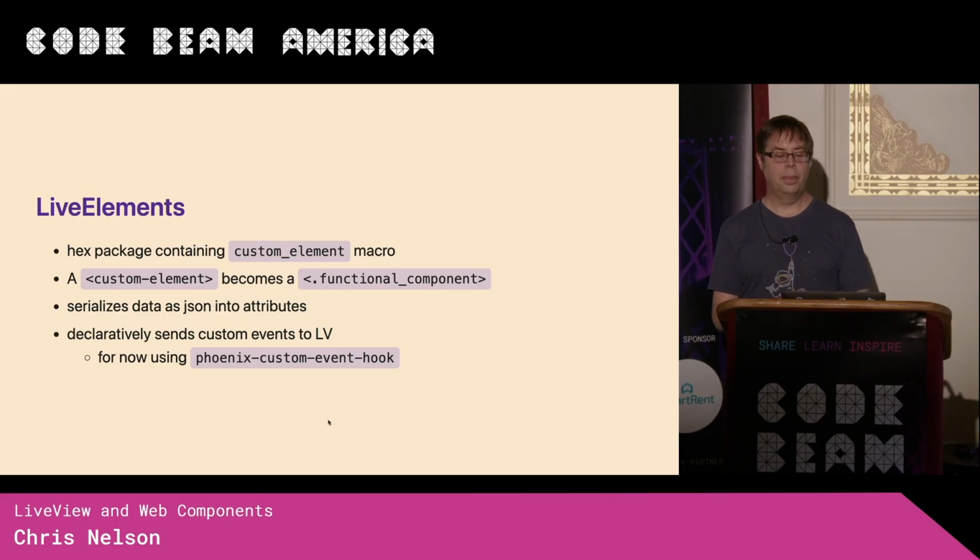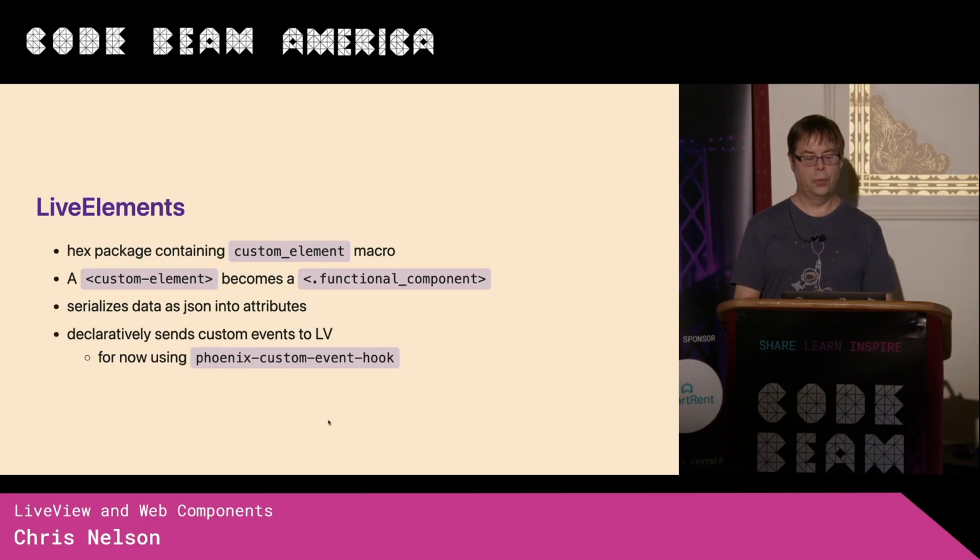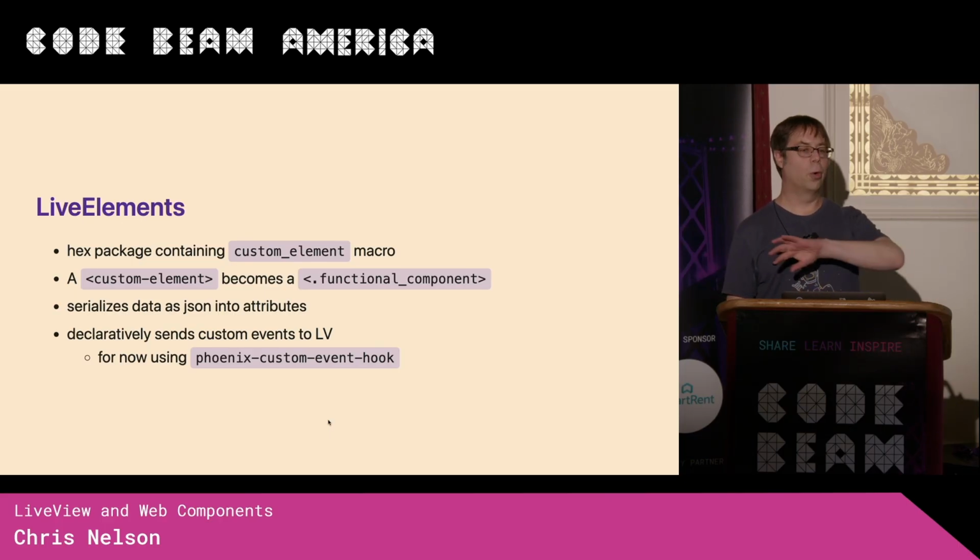And that functional component wrapper will do two things for you. It will take care of serializing any data that's beyond just a simple primitive value as JSON for you when it sends it along. And it will also let you declaratively specify the custom events that I care about, and then it will take care of wiring them up to the Phoenix Custom Event Hook and sending them, so you don't have to do that work yourself.